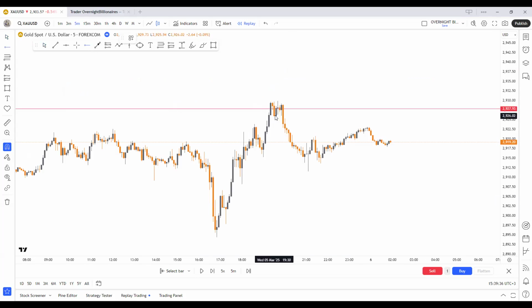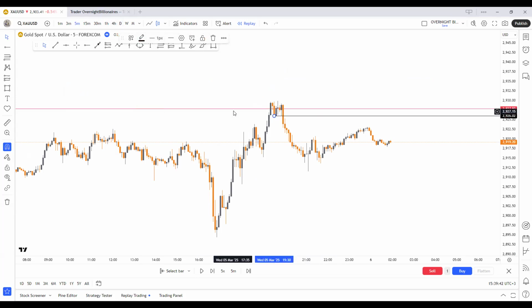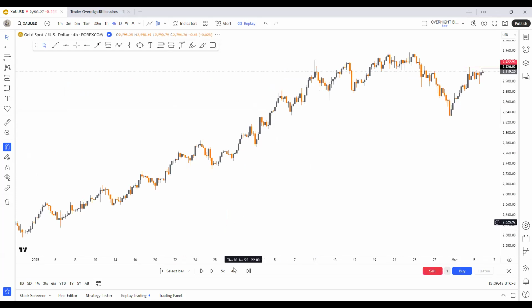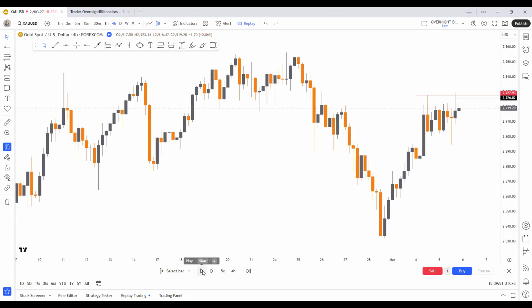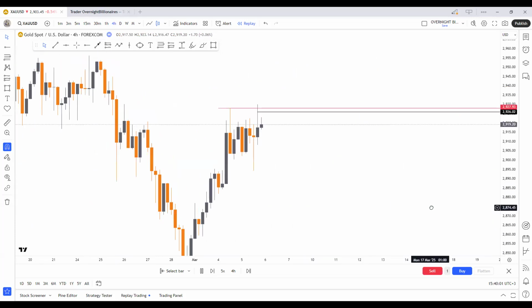So which means this was the area of liquidity to take into consideration for best entry. Just spread out the price.